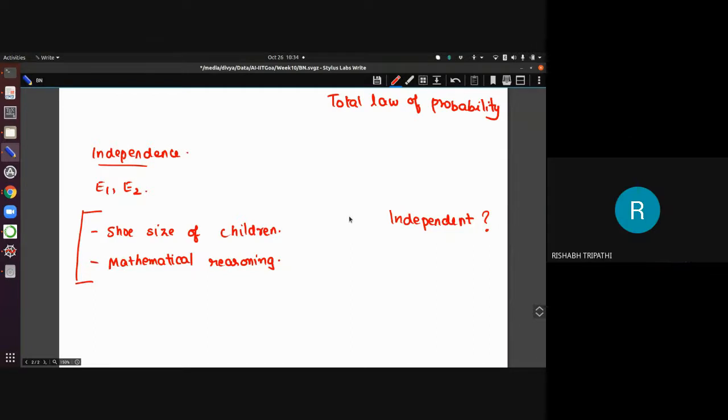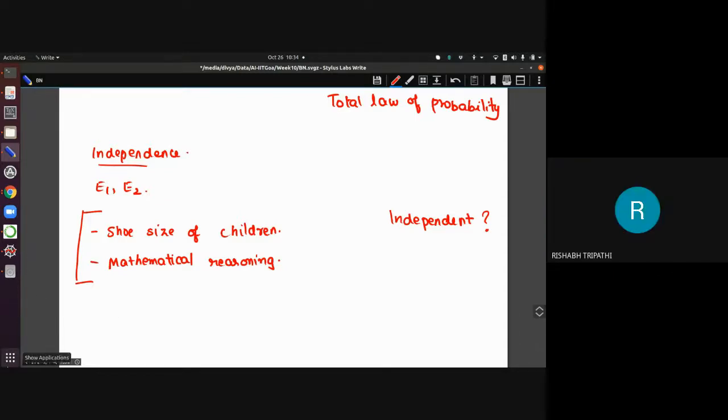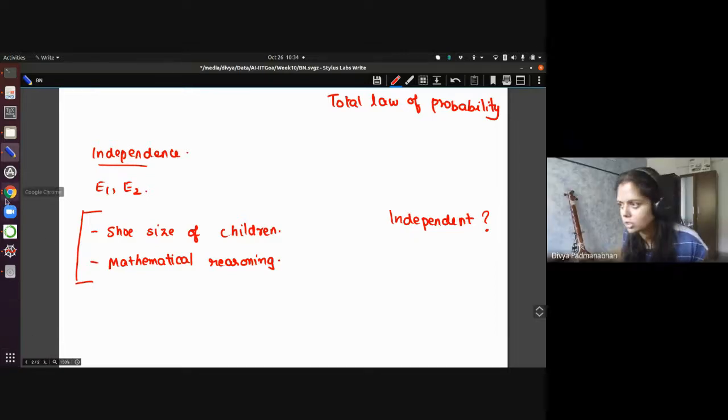Ma'am, I think it's independent only, meaning not dependent. Non-dependent. Okay. Yeah, it seems very bizarre, right? Shoe size and mathematical reasoning. So why would there be any connection between the two, right, Rishabh? Yes, ma'am, that's my thought process. Yeah, fair enough. That's what it seems like at first glance.